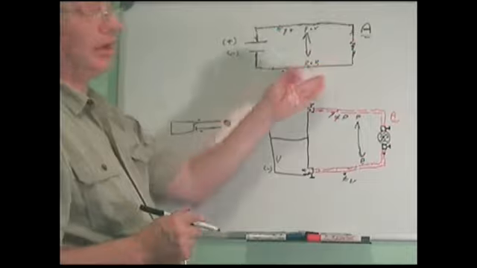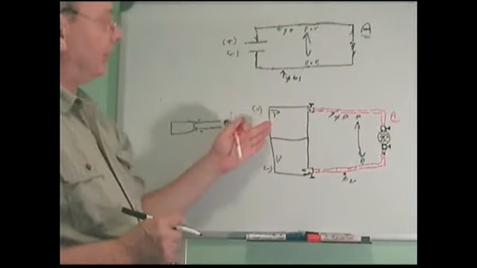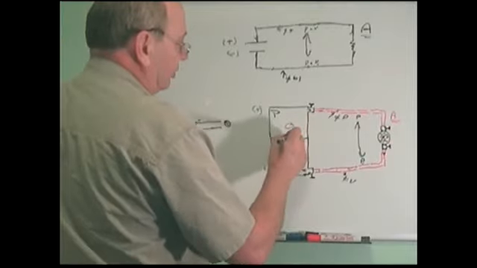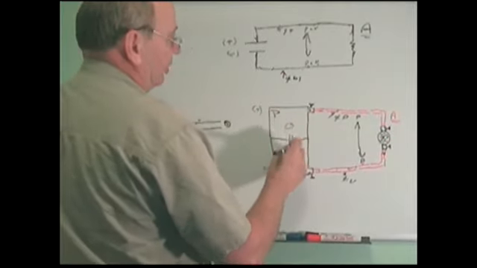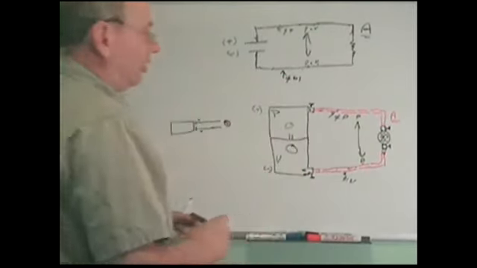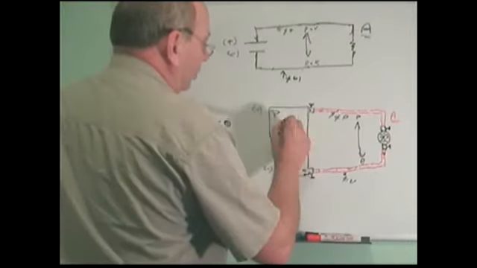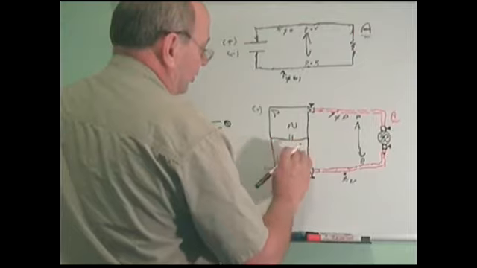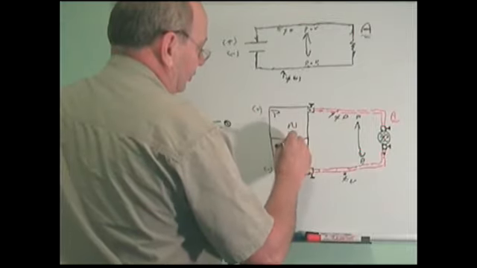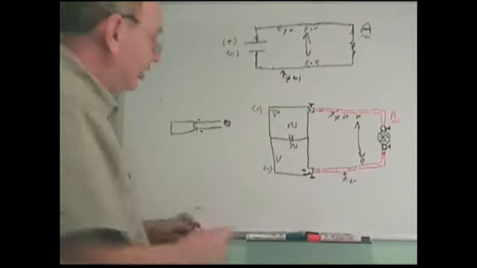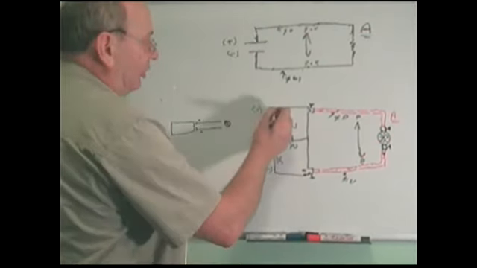Now that's going to stay like that, okay, until this chamber equals this chamber. Okay, so let me change this to N for normalized. So when these two chambers are at equal pressure, this is no longer a vacuum and this is no longer pressurized.